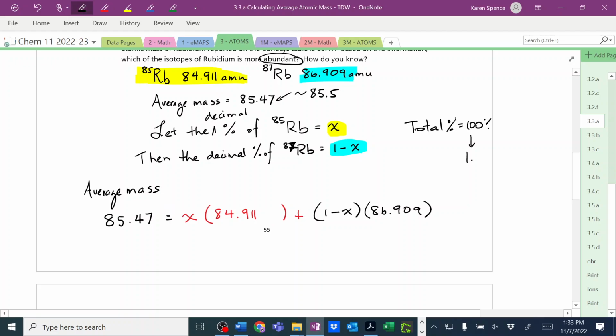We'll throw them all in at the end. So we have 85.47 is equal to 84.911x plus 86.909 minus 86.909x.